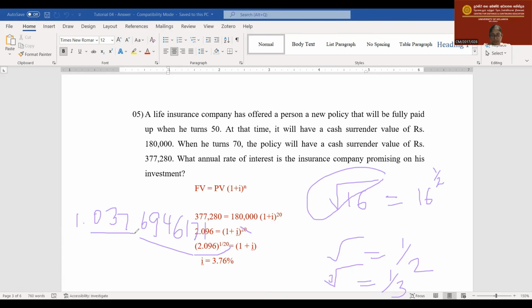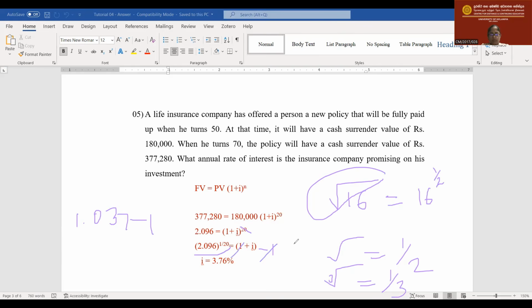Then is it the end? No, it is not the end. We have 1 as well. In order to isolate I, we do the opposite. Here the addition is there, so in order to remove this 1, we subtract 1 from both the left-hand side and the right-hand side.